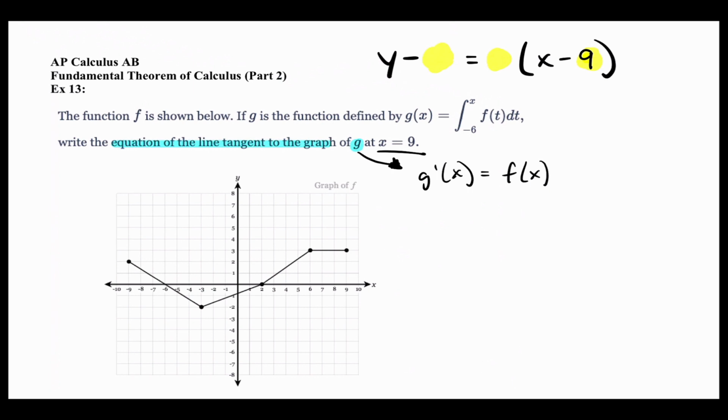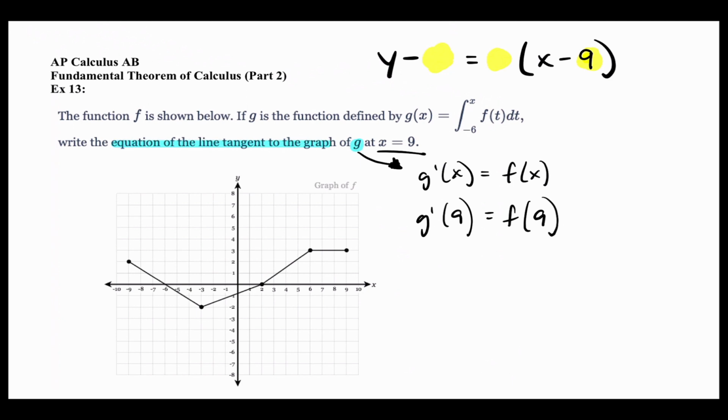So I need g prime at 9, which is the same as f of 9. They're both the same. G prime of 9, f of 9, they're going to give me the same number. How do I find either of those guys?